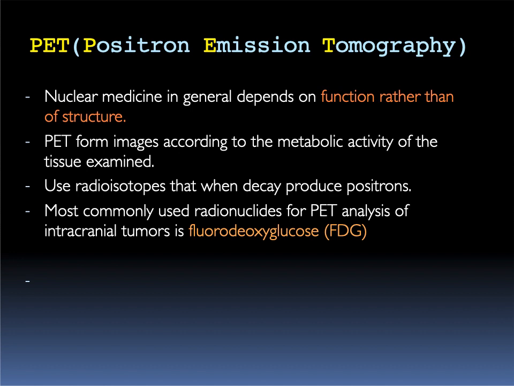PET-CT, although we don't use it commonly, gives you the function of the lesion rather than the anatomy. PET-CT depends on the metabolic activity of the tissue examined, using FDG, a fluorinated glucose, to show the metabolism of the lesion.